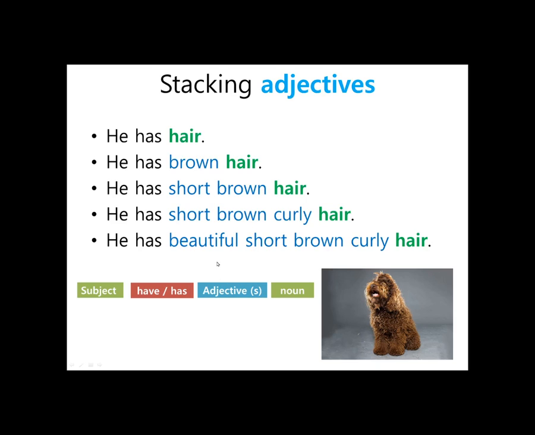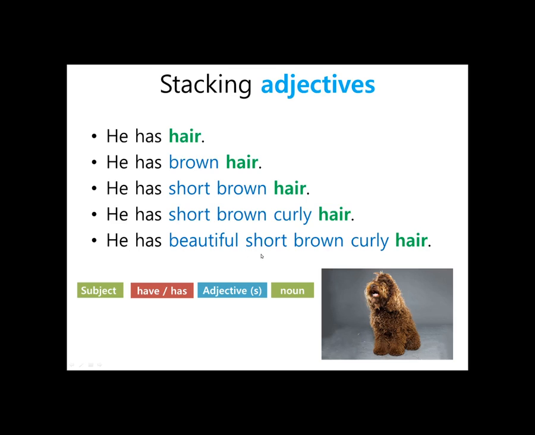But in English, there is a special set of rules for the order of the adjectives. So, for example, here we say he has beautiful short brown curly hair. This is okay, but in English, if we say the adjectives in the wrong order, it doesn't sound correct.